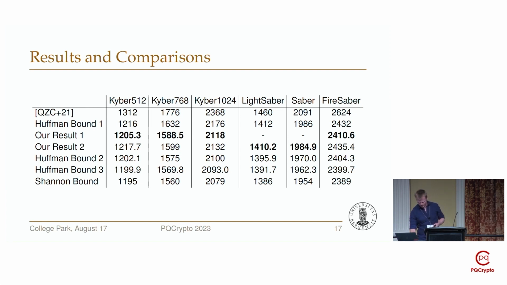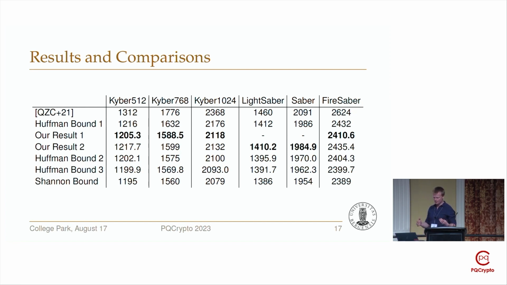Then finally, we have the Shannon bound, which is simply the entropy of the secret. So if you could ask any type of yes/no question about the contents of the secret, this is the best you could do. And we can see here that in all cases we are actually quite close to the Shannon bound.